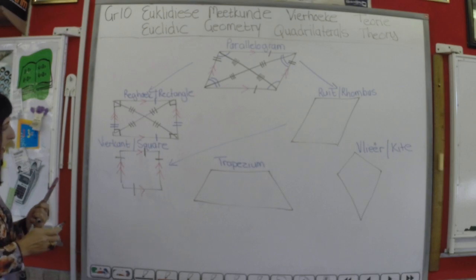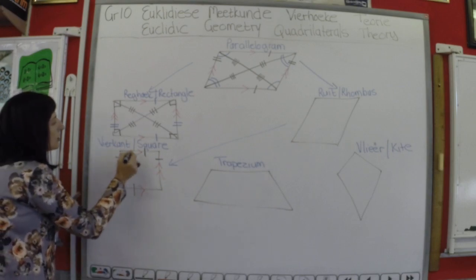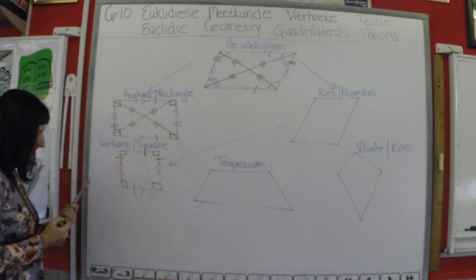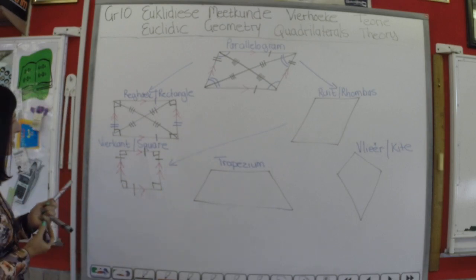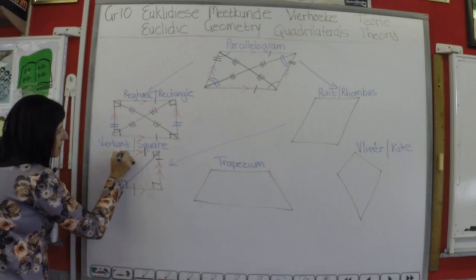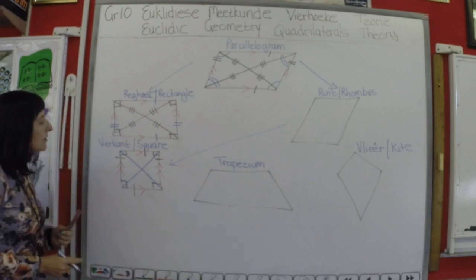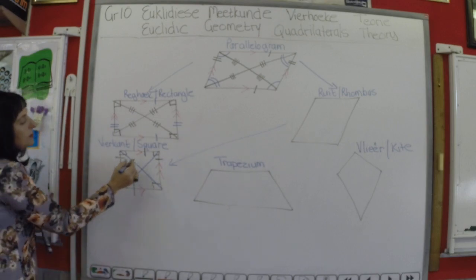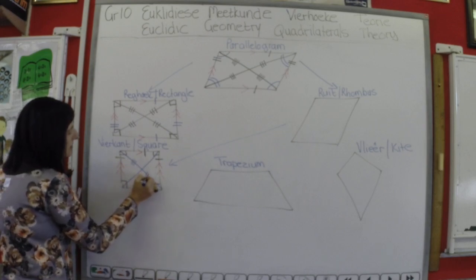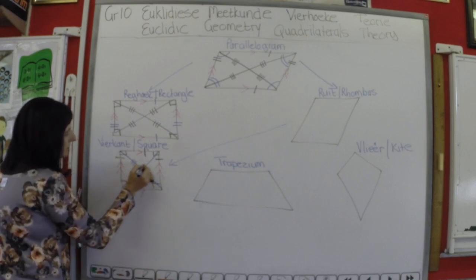Okay, let's go to the angles. Sy binnehoeke is ook almal 90 grade groot, soos die reghoek. And the last thing is the diagonals. Nou die hoeklyne is ook almal dieselfde in lengte.